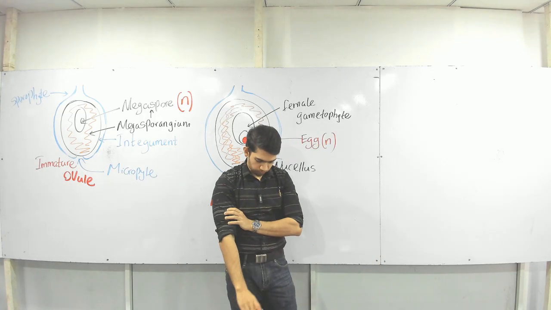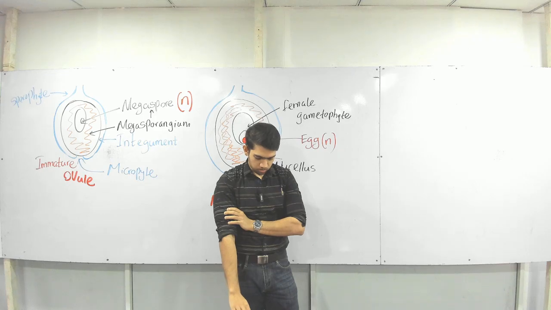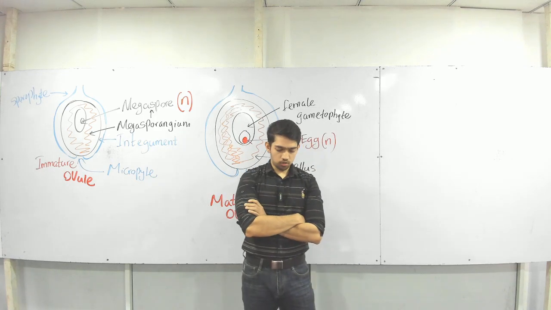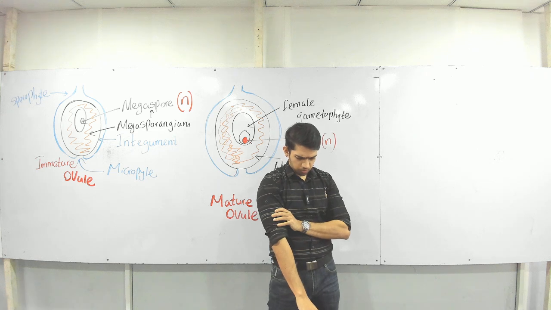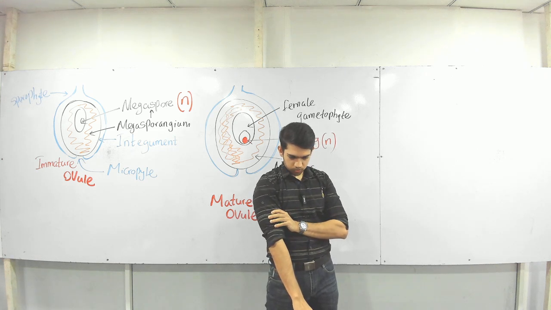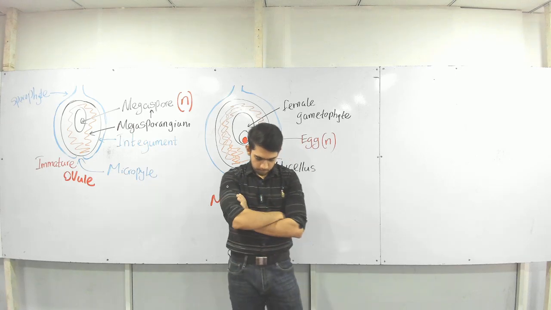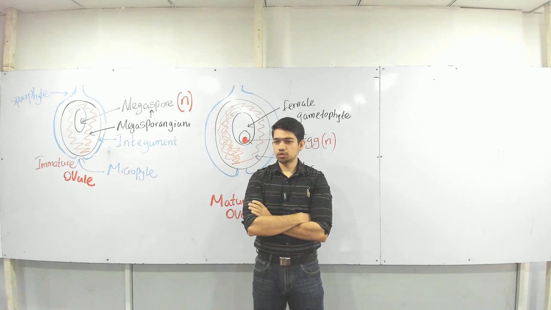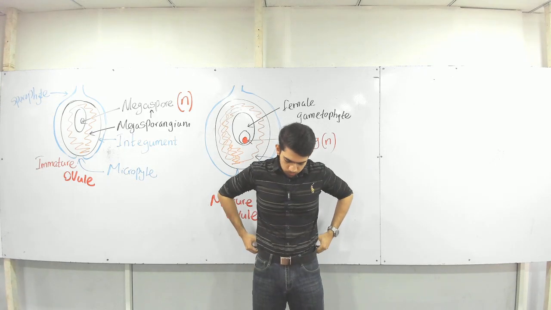There's 1, 2, 3, 4, 5. Then come to significant feature number 4. Online people following me, right? Come to significant feature number 4: production of ovules and eggs. What is special there? Production of ovules. Highlight the word ovules.